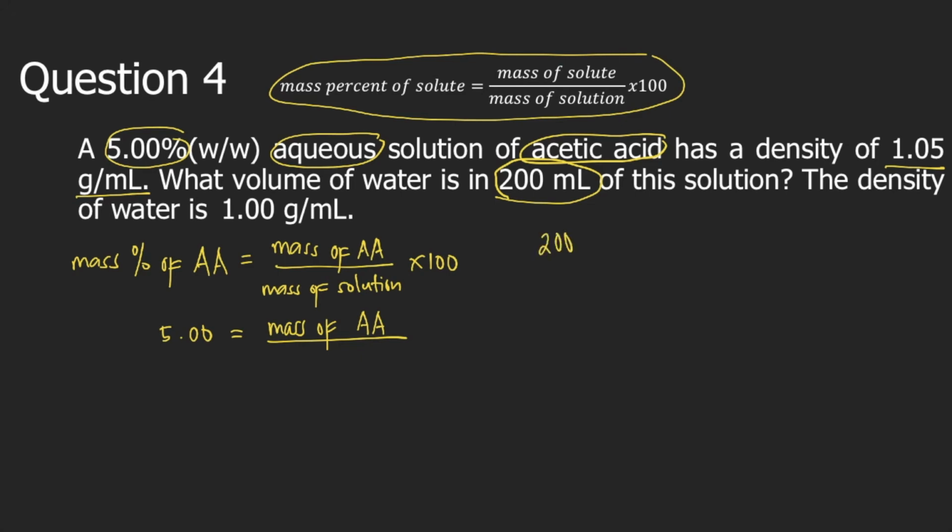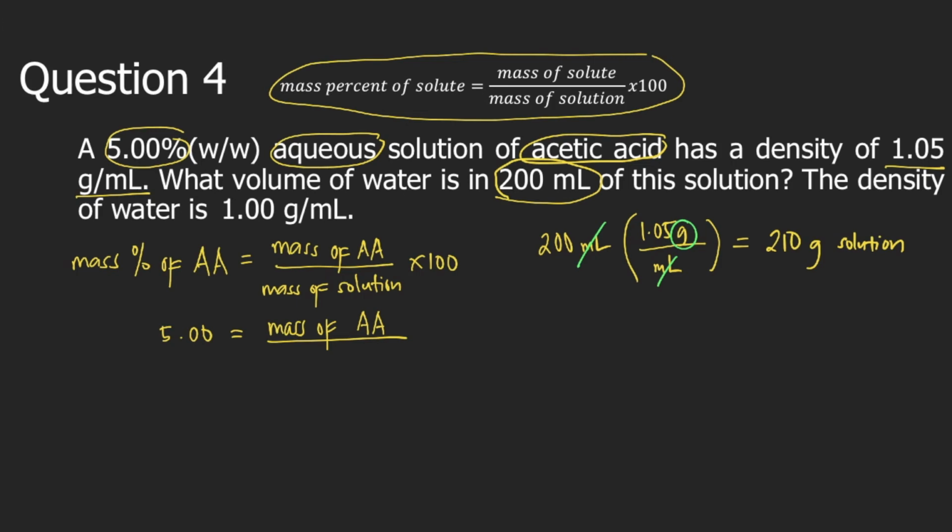We are given 200 ml of solution. The density is 1.05 grams per ml. So ml will cancel. Now you have grams of solution. So 200 times 1.05, that is equal to 210 grams of solution.